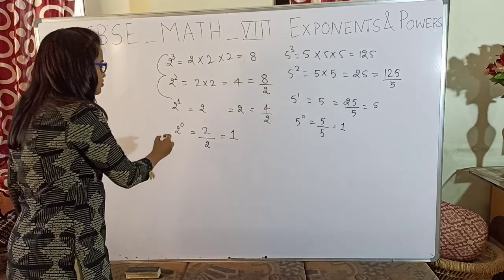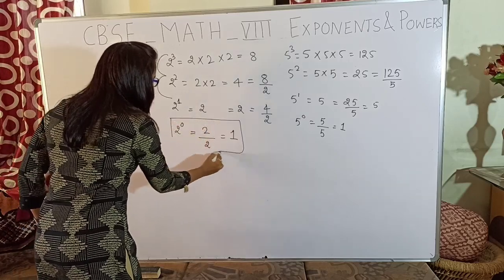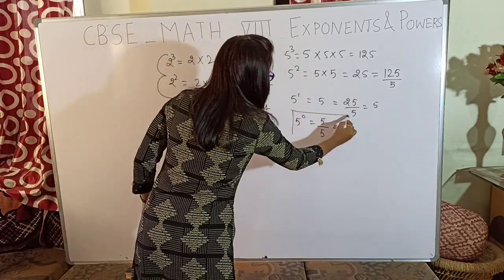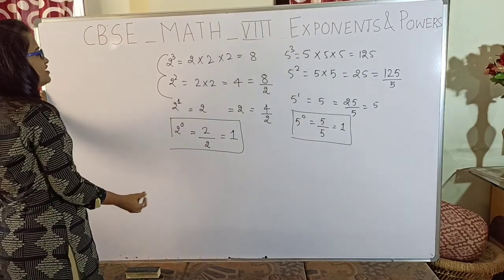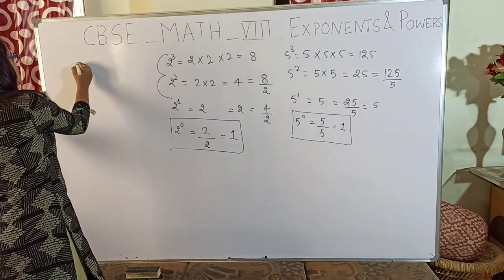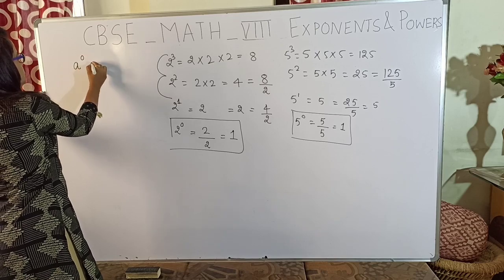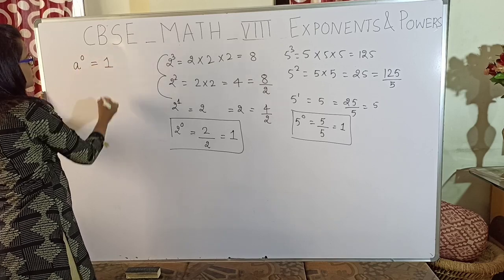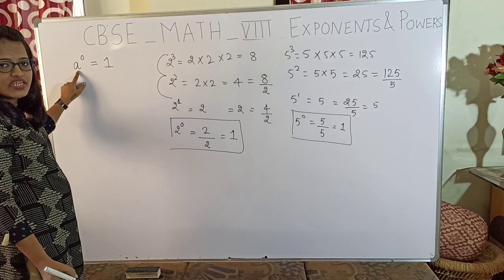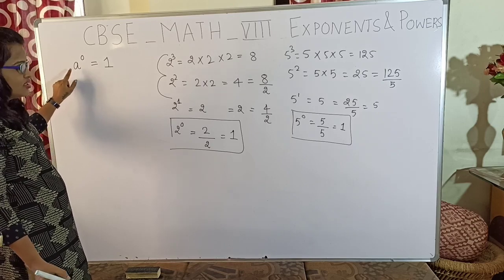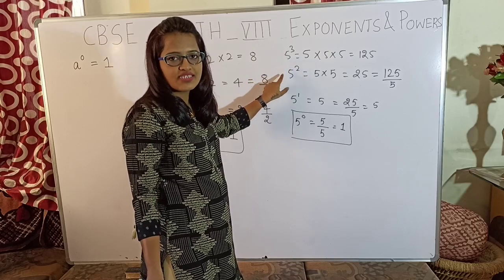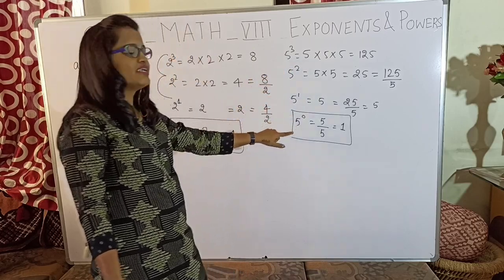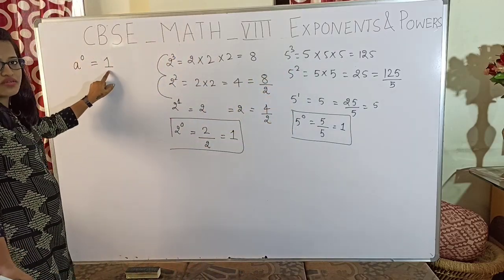Okay. So from these two examples, we can write a generic law which says a raised to 0 is always 1, where a can be any non-zero integer. Even if I take a number as negative, still I will be getting the same value as 1.